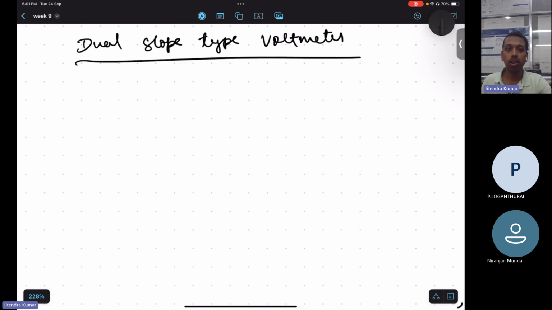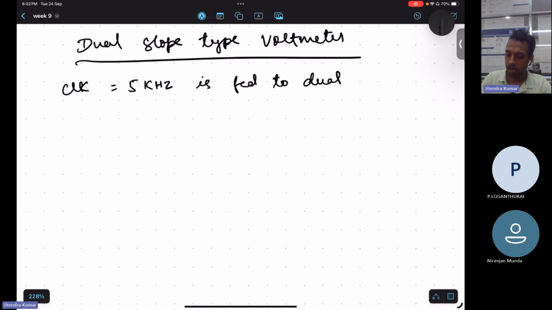Okay, so let us start with a problem. Here, a clock of 5 kilohertz is fed to a dual slope voltmeter, and the voltmeter has an integration time.